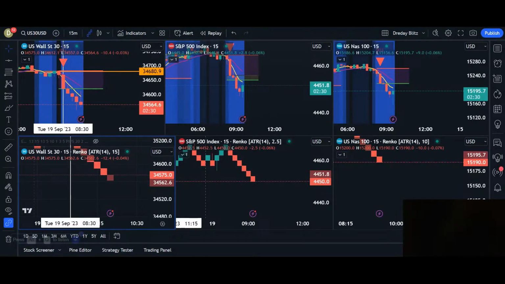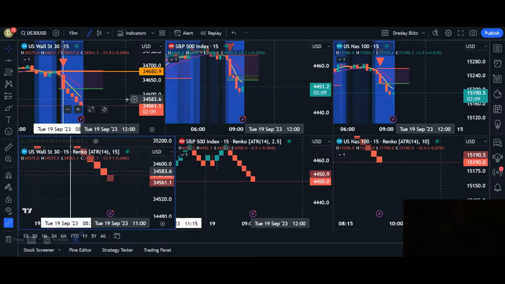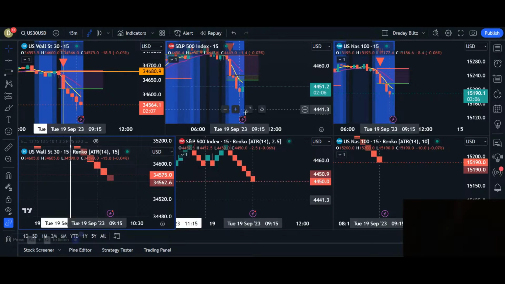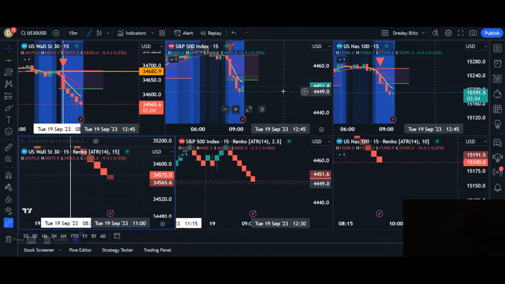And starting from the market open, we have S&P 500 that is pushing up right now, and US 30 is pushing down, and Nasdaq I would say is pushing up, but overall, looking at the Renkos, it is still showing us bearish movement.